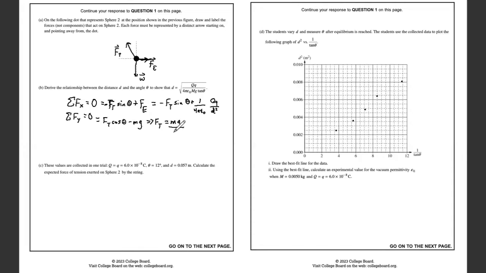So mg over cos theta is going to equal tension. Plugging that into our equation for the horizontal components of forces, we get negative mg tan theta, or if we just move the negative stuff over to the other side with the zero, we can say mg tan theta is equal to 1 over 4 pi epsilon naught qq over d squared.